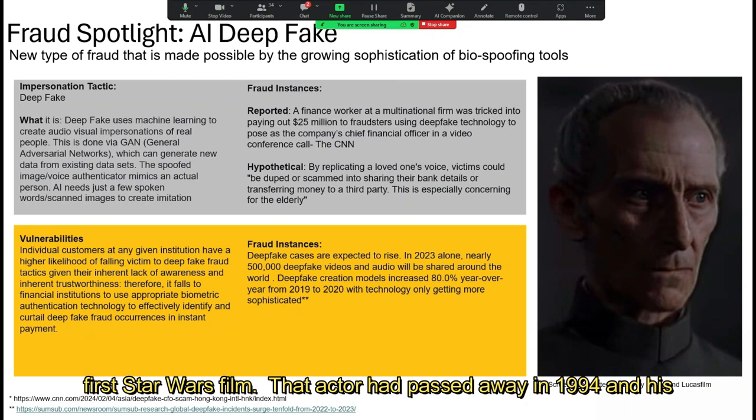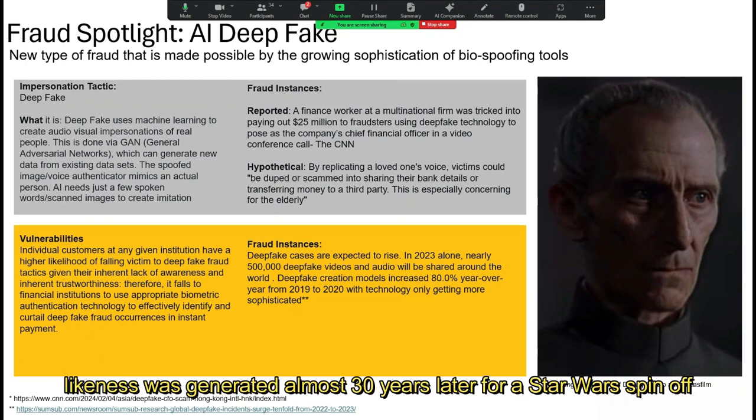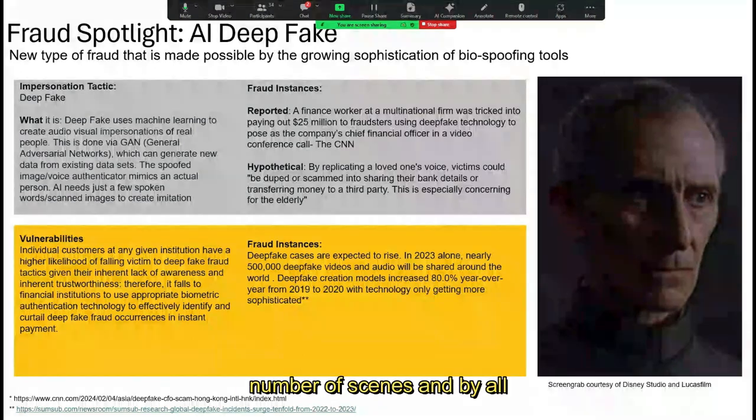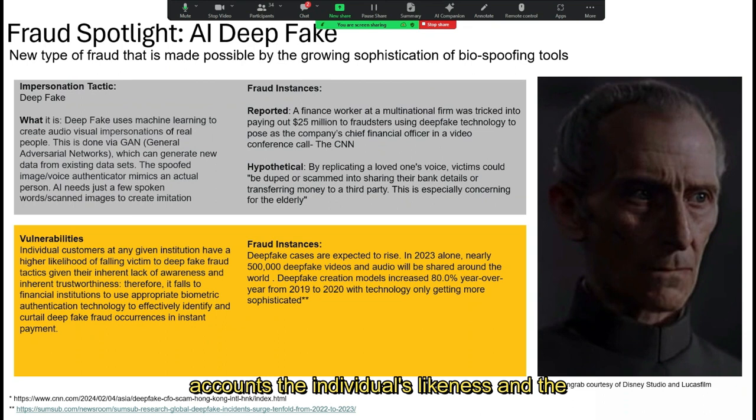That actor had passed away in 1994, and his likeness was generated almost 20 years later for a Star Wars spin-off, Rogue One, where he played, if you can call it that in quotation marks, in a number of scenes, and by all accounts, the individual's likeness and voice was recreated with an astonishing degree of accuracy.